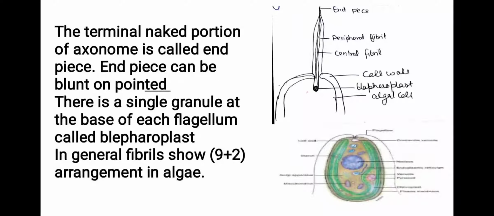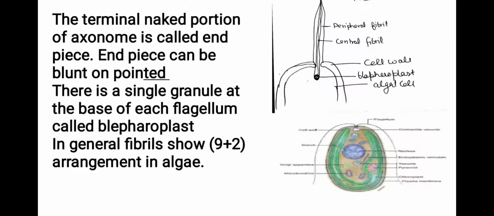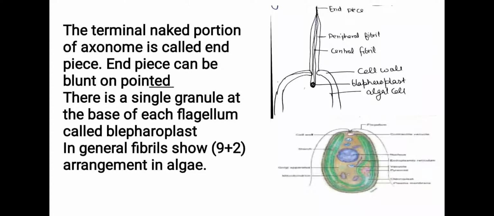Students, there is a single granule at the base of each flagellum and it resembles the centriole and it is called blepharoplast, as you can see in images. This colorless point is the blepharoplast. Students, in general, fibrils show 9+2 arrangement in algae.